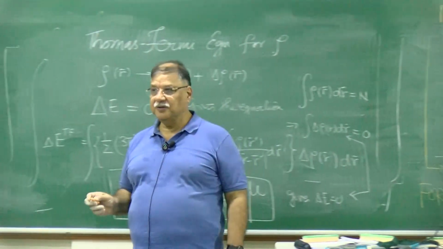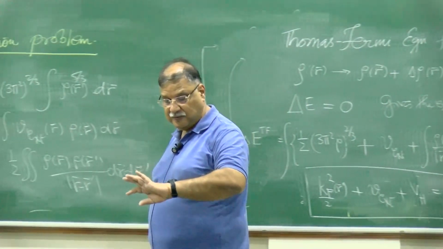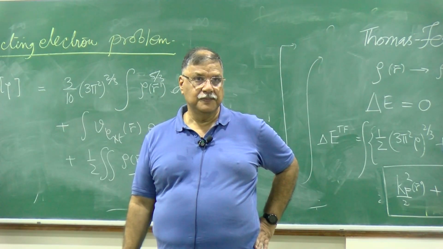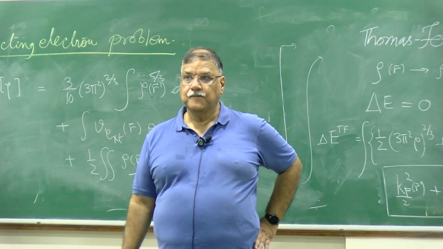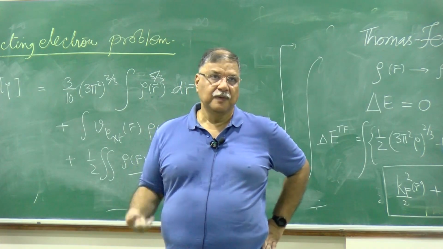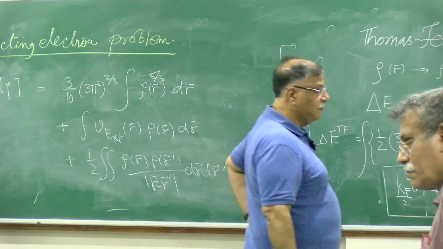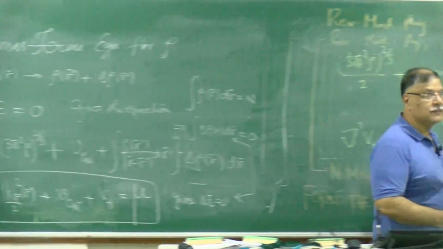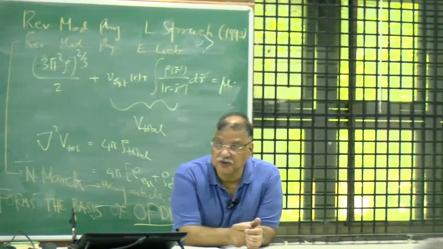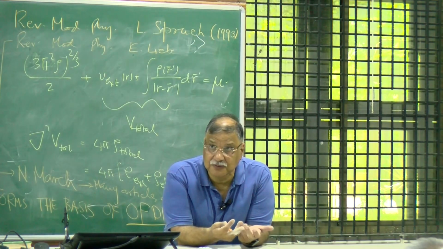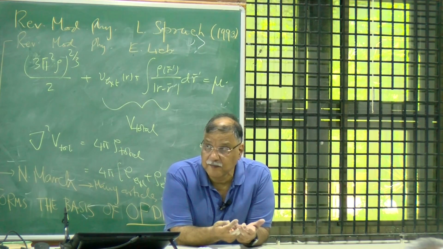There are no orbitals involved, it's only the density, right? So one builds up on this, this is the 0th level. And this also provided the motivation whether one can write exact theories in terms of the density, which Professor Chattaraj will talk about later.